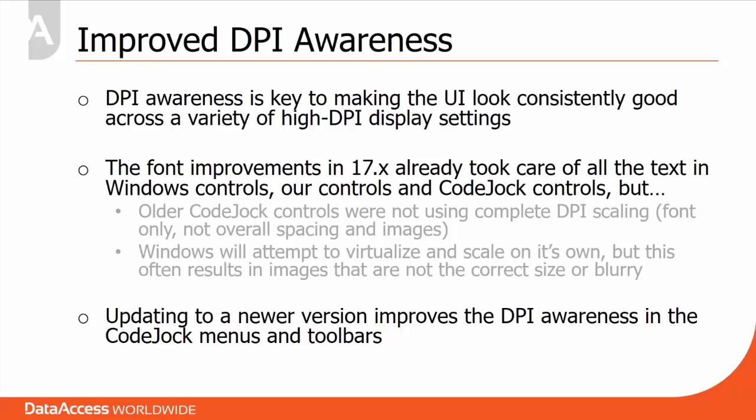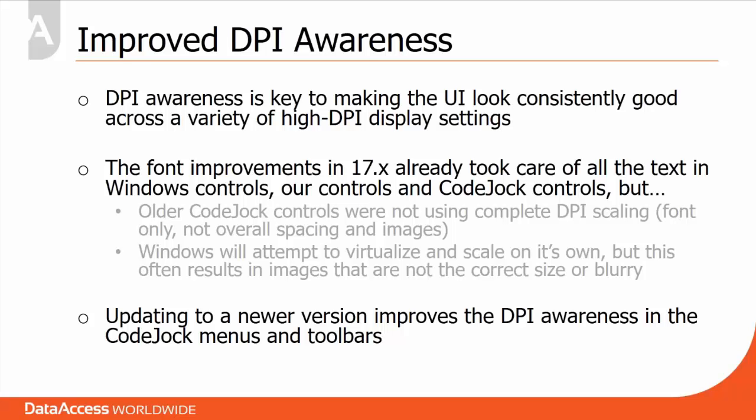Back in 2017, when we implemented the new font system, almost all of that was taken care of, whether it was our dialogues, our controls, Windows controls that we used, Kojak controls that we used. The main thing that happened with the new font system is as you changed your DPI setting from 100 to 125 to 150, everything got naturally larger and looked clear and life was good, except for icons and bitmaps.